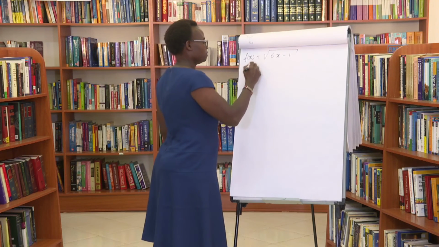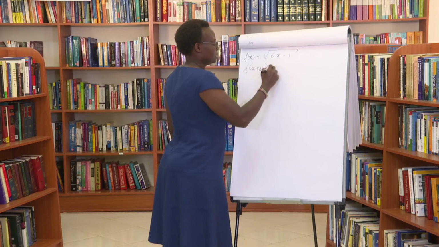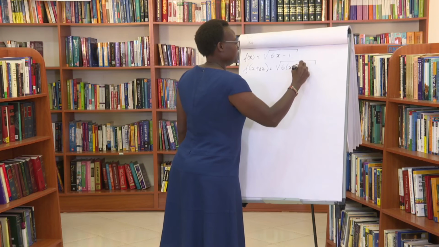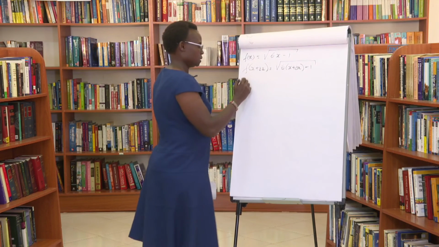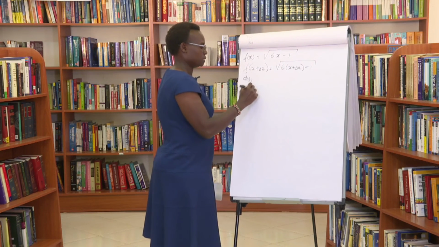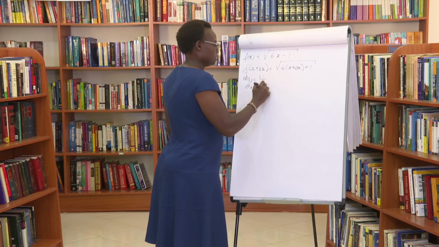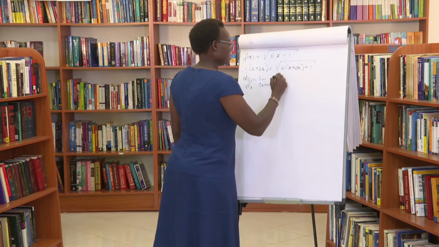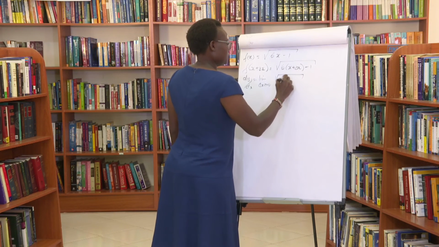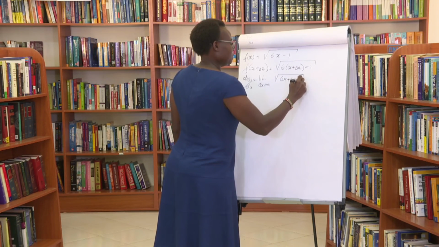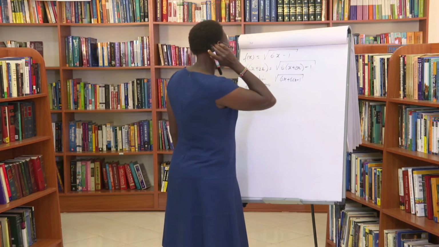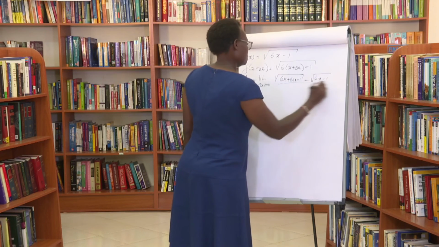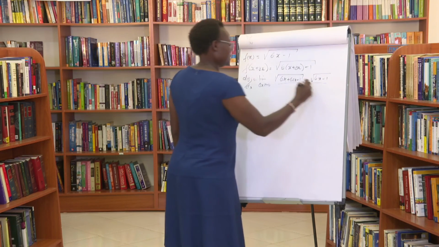So we'll have f of x plus change in x, and this will be root of 6 into x plus change in x minus 1, and then dy over dx is limit as change in x tends towards 0 of f of x plus change in x. So this is root of 6x plus 6 change in x minus 1 minus root of 6x minus 1 over change in x.